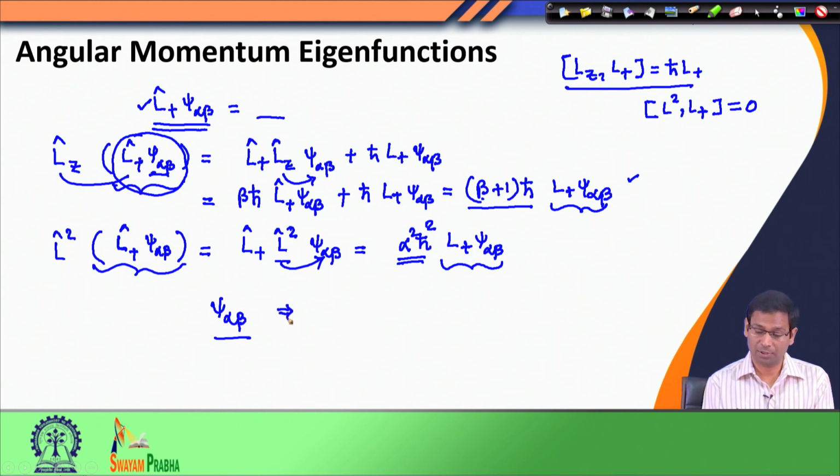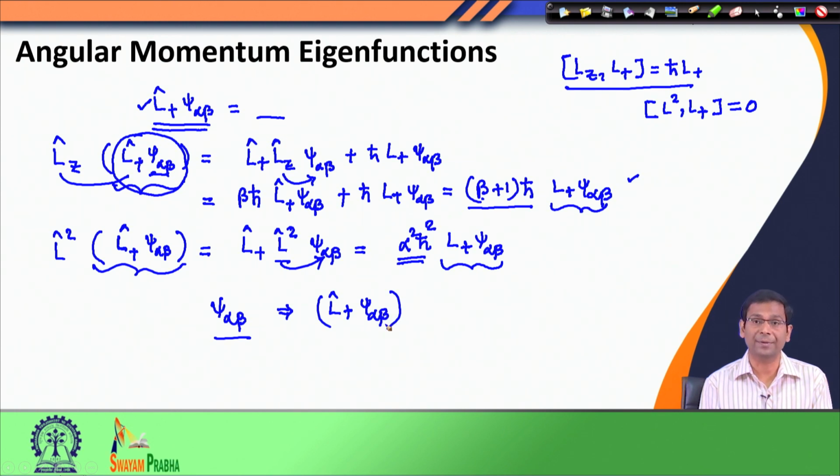Now, L plus psi alpha beta is also an eigenfunction of Lz and L square, but the eigenvalue corresponding to Lz becomes beta plus 1 times h bar, while the eigenvalue corresponding to L square remains alpha square h bar square. Therefore, I write this function as a new function, psi alpha beta plus 1.